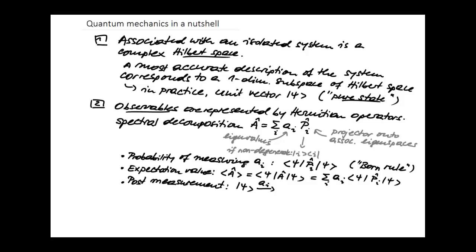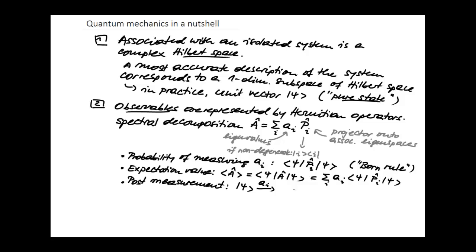So you take the original state psi and you project it onto the eigenspace. I'm talking general again, allowing for degeneracy. So you take the original state and you project it onto the eigenspace of the eigenvalue that you measured.